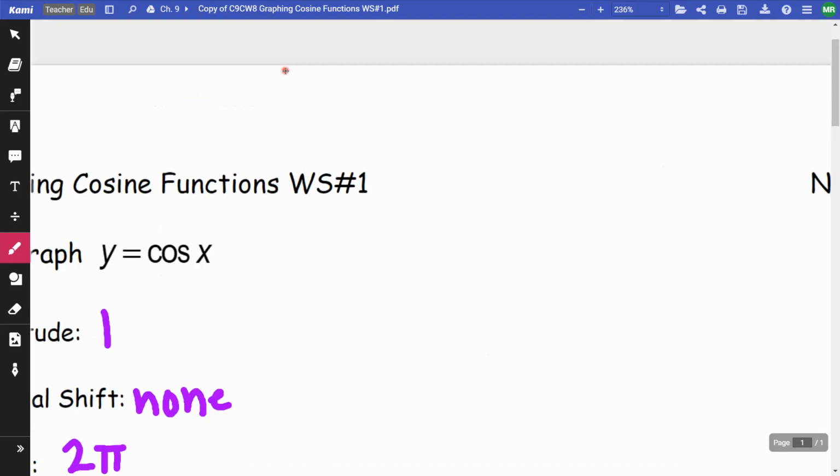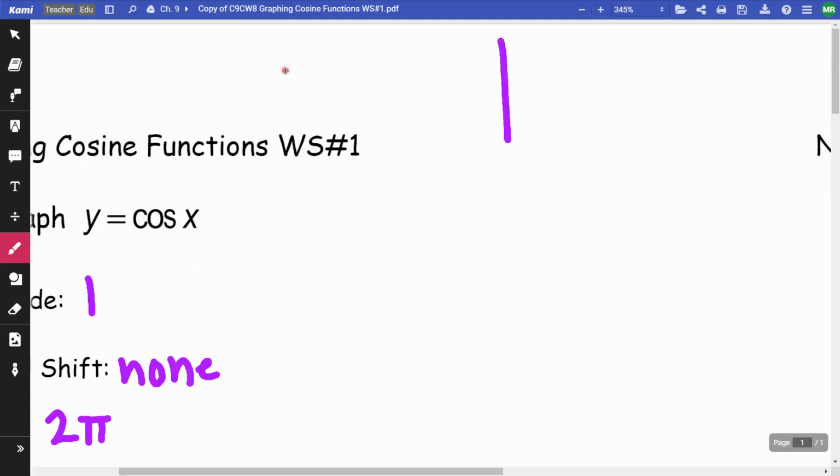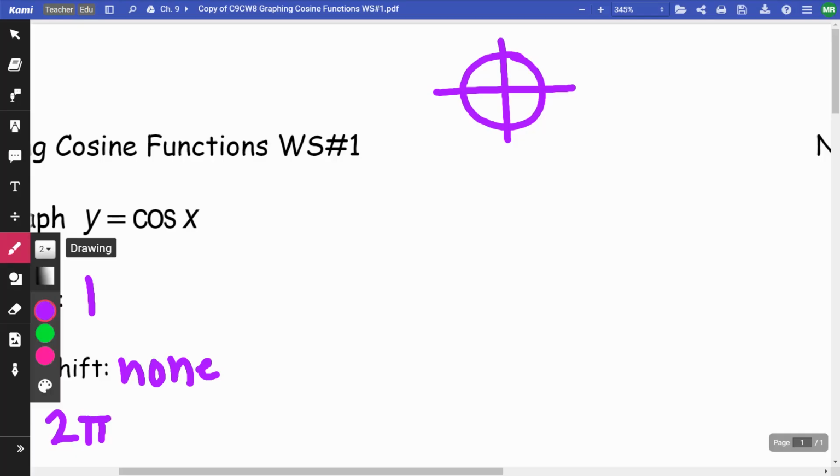And just a reminder, when we're dealing with cosine on the unit circle, that is going to be our x coordinates. So as we're going around the unit circle, our cosine again is our x. So we're looking at our x coordinates. So here, my x is 1. Here, my x is 0. Here, my x is -1.